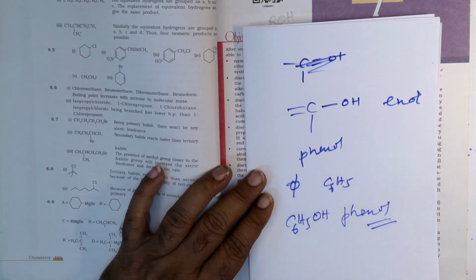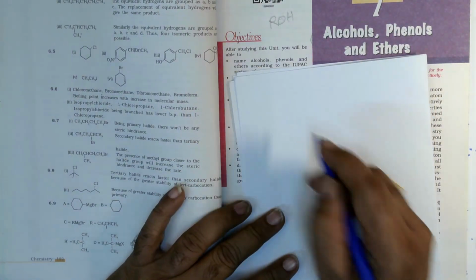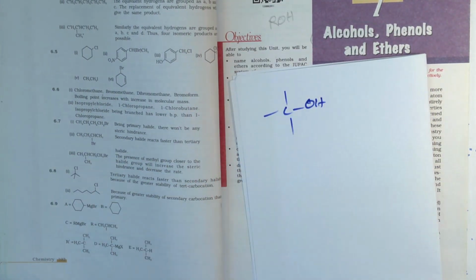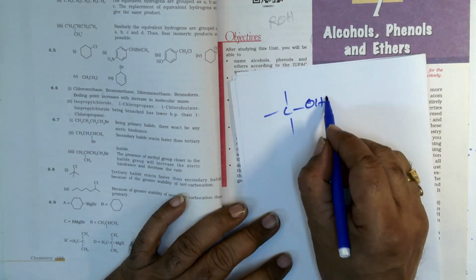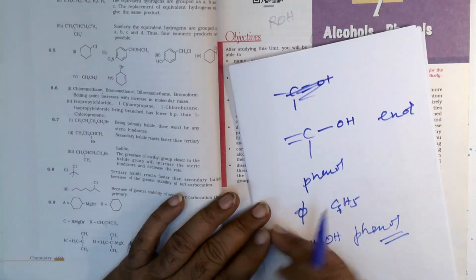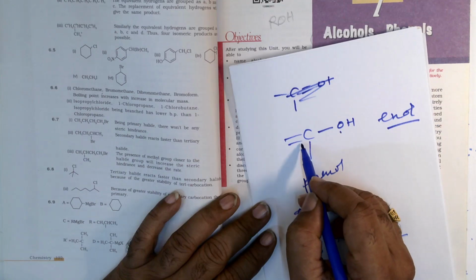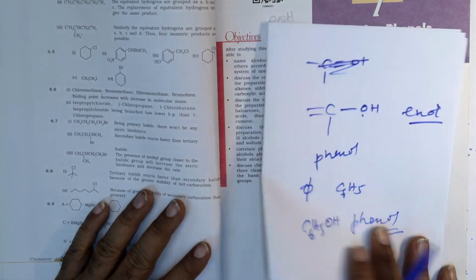So this is an enolic functional group, whereas alcohol is simply OH attached to a saturated carbon atom that bears no double bond. So that makes the difference. Alcohol means it is attached to a saturated carbon atom, whereas enol means a hydroxyl derivative attached to an unsaturated carbon atom.